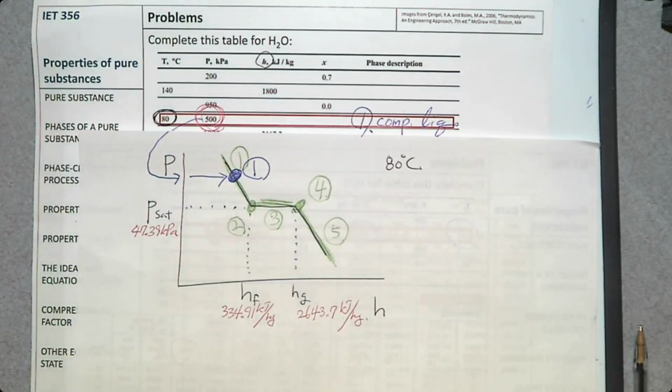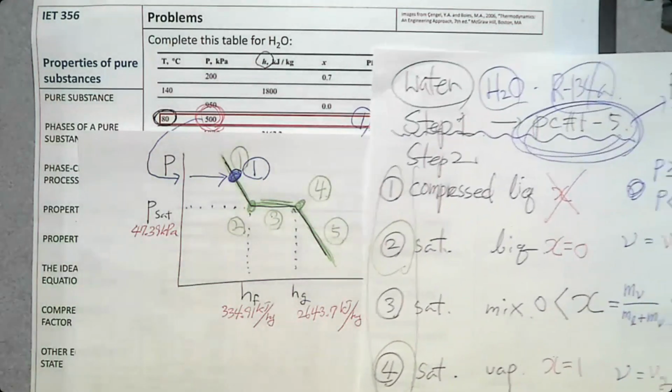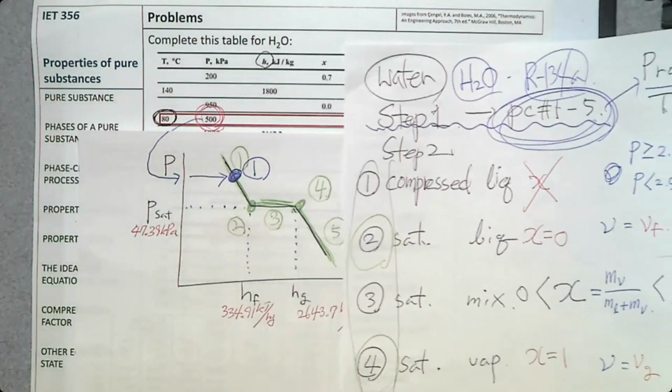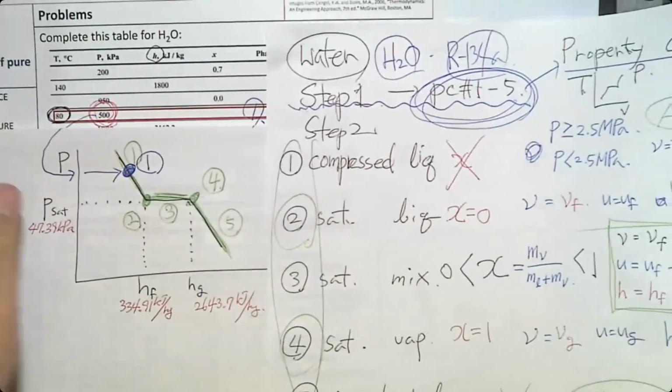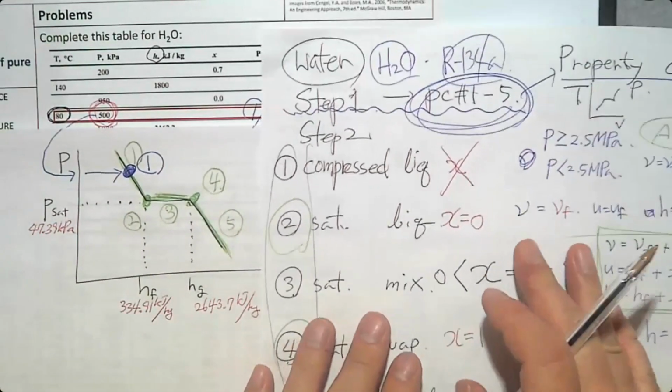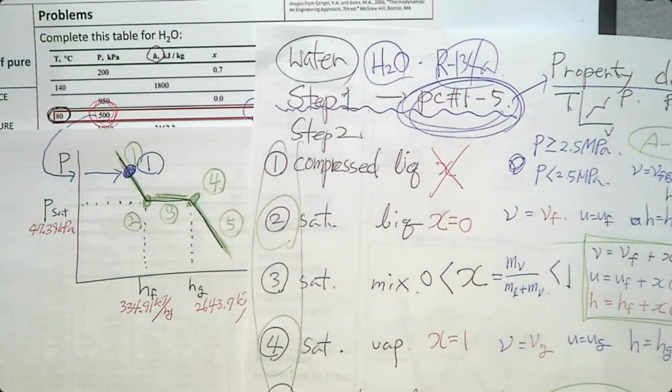Then what is the quality x of compressed liquid? There is no quality x, because quality x is the ratio between saturated liquid and saturated vapor, and compressed liquid is not on the saturation.